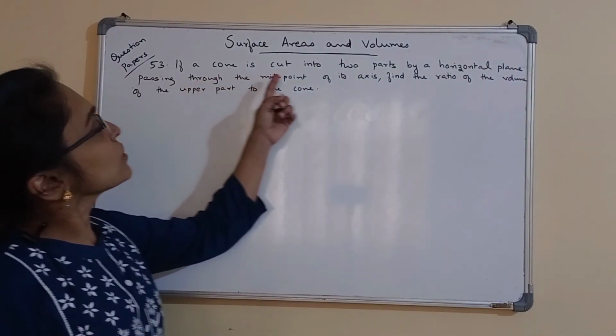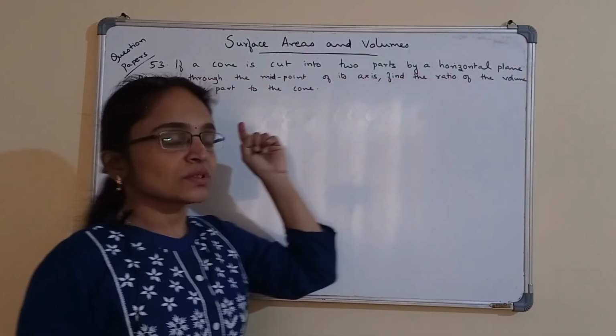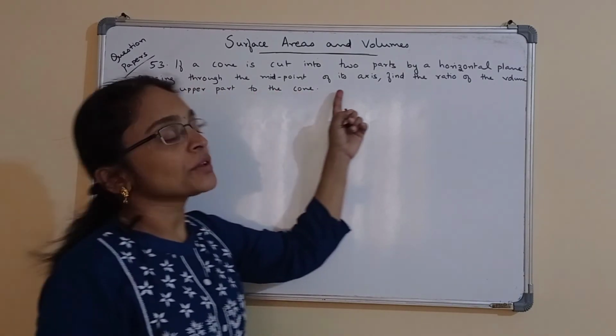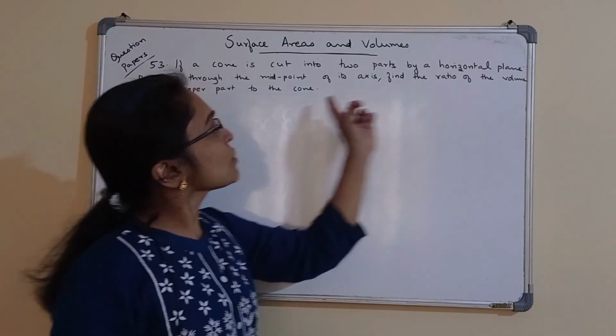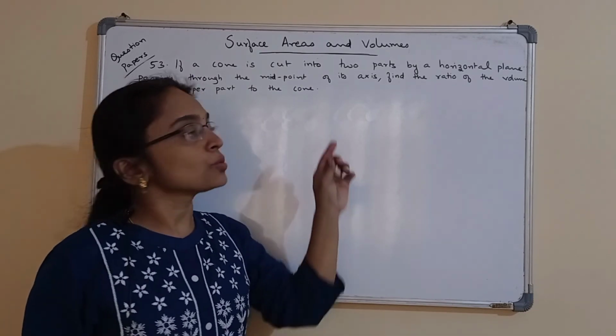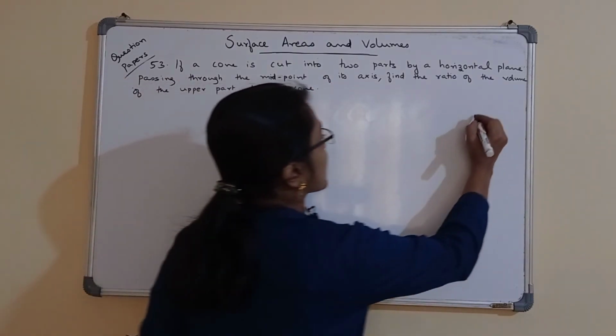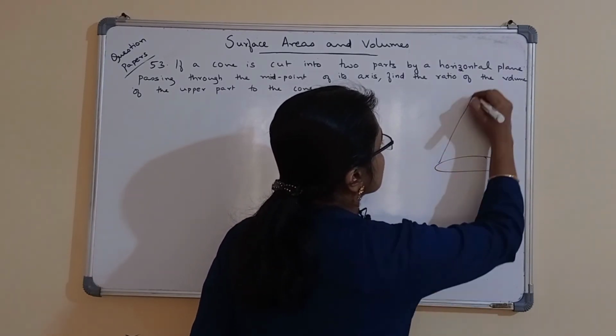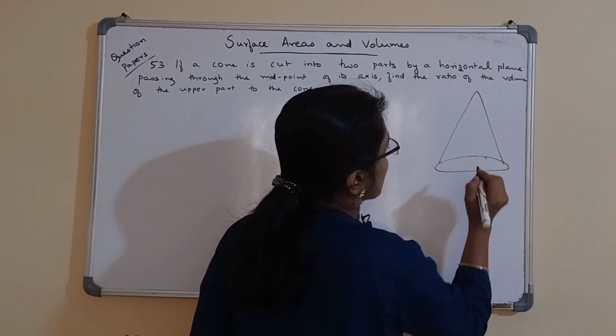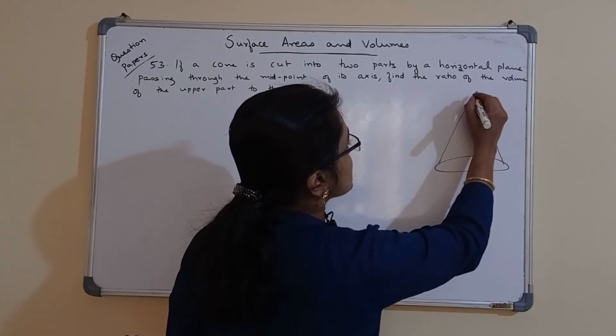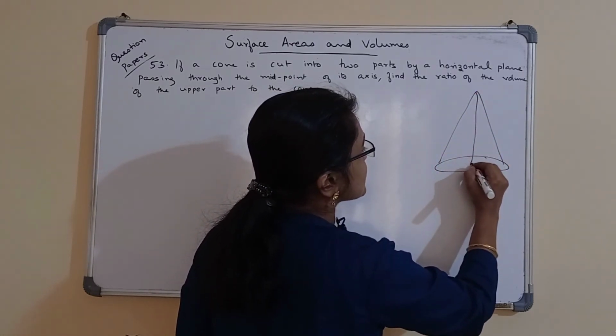Next one, if a cone is cut into 2 parts by a horizontal plane passing through the midpoint of its axis, find the ratio of the volume of the upper part to the cone. It is given passing through the midpoint of its axis. So, a cone is there and it is cut into 2 parts such that it is passing through the midpoint of its axis.